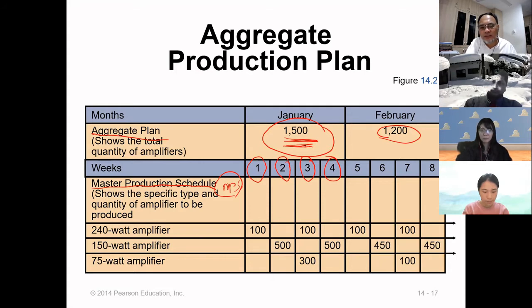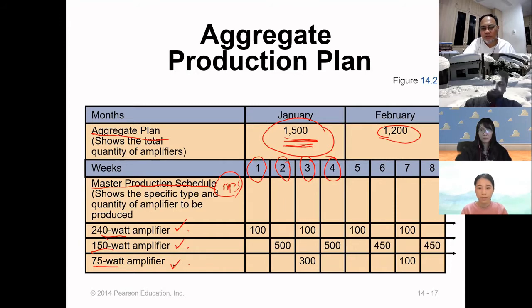For example, if this is the total quantity of amplifiers, and the company produces 3 types: 240 watt amplifier, 150 watt amplifier, 75 watt amplifier. So these are the variants.